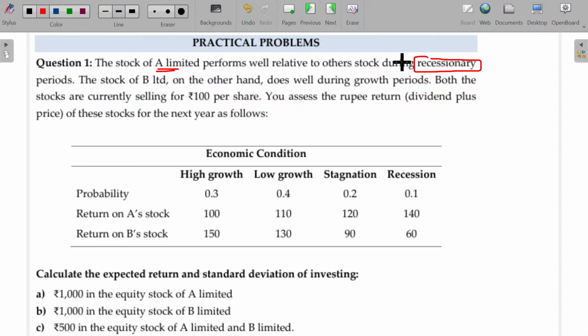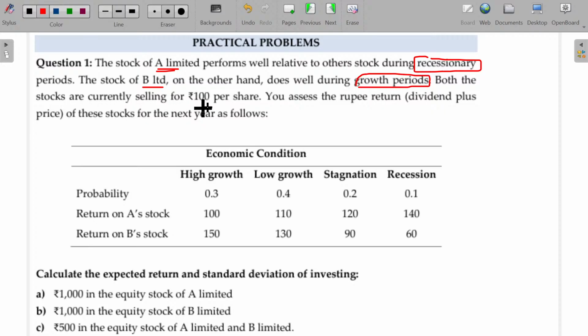Clear? Just like I told you, tea performs better during winter, ice cream performs better during summer. So it's better to have both shops with you so that you will have a consistent return over the year. Stock B Limited, on the other hand, does well during the growth period.